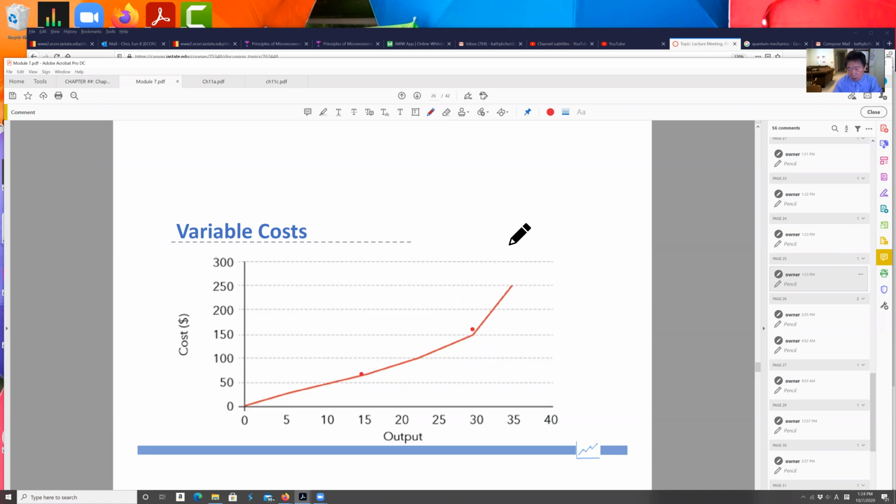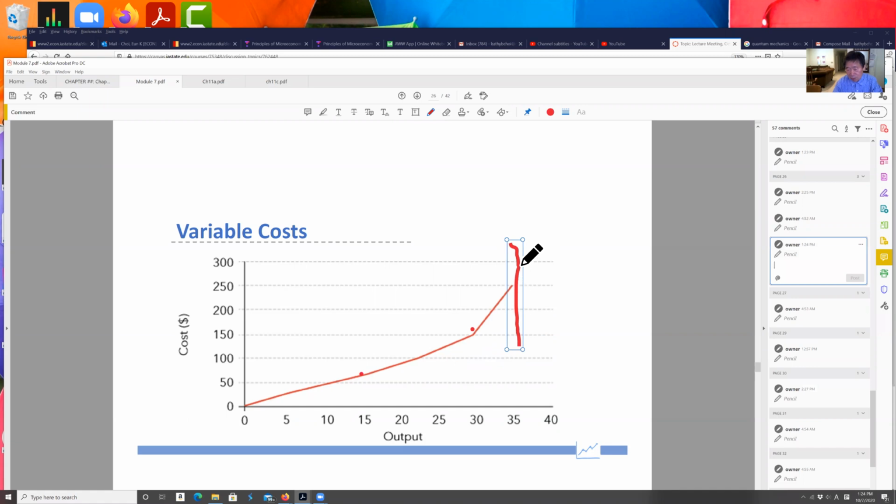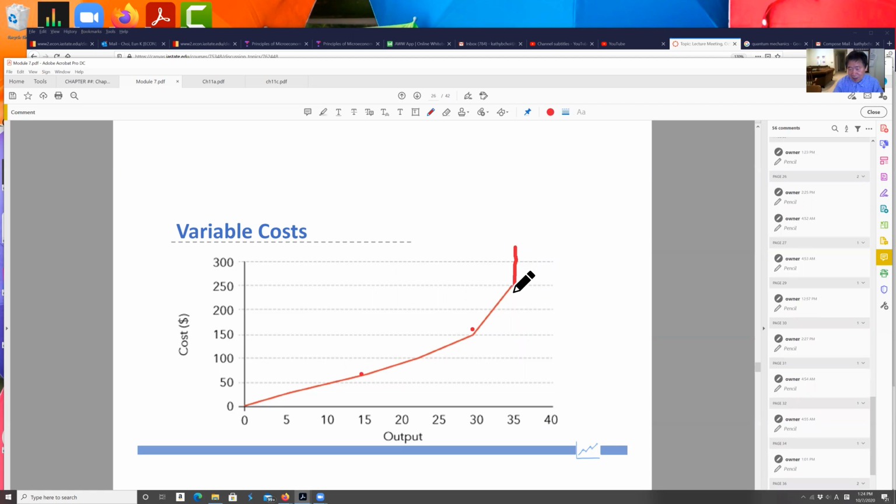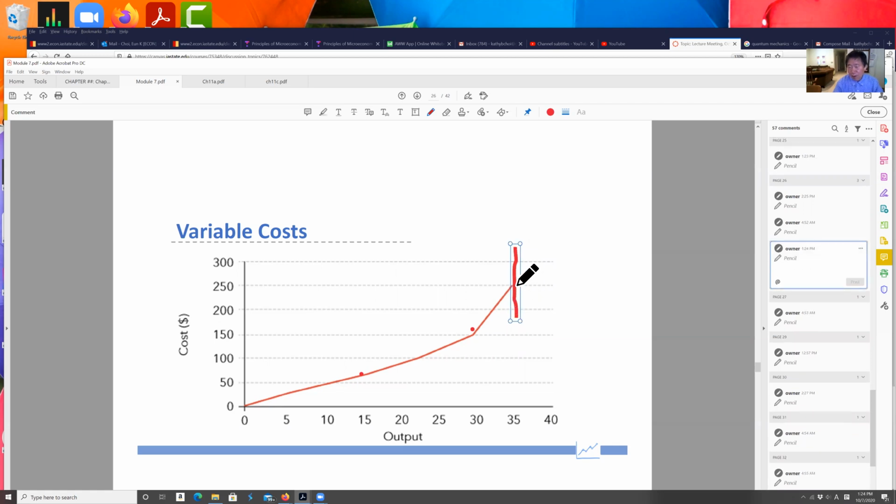Okay, you hit a wall, and beyond that, no matter how much you spend your money, you cannot increase output. That's sometimes called capacity of that fixed input, okay?